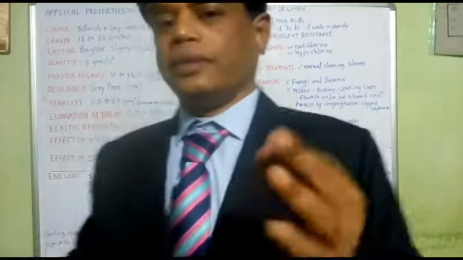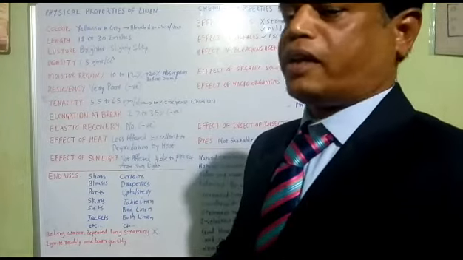And also, sunlight: linen fabric will not degrade. Most fibers, on prolonged exposure to sunlight, their color or shade turns yellow or brown, or they degrade or decompose. But sunlight does not affect linen material.